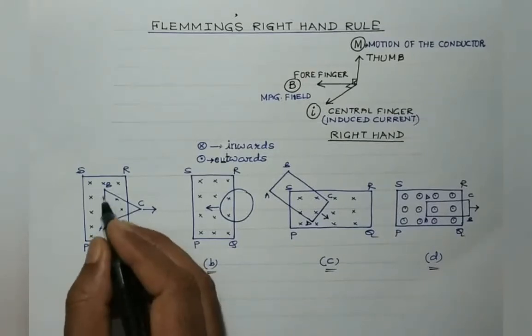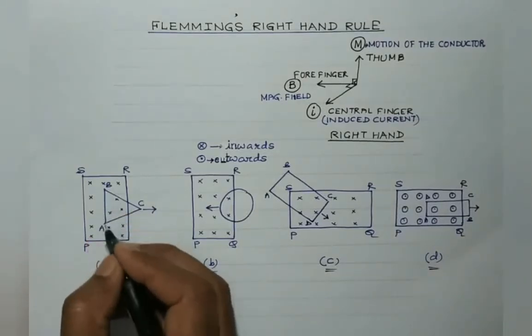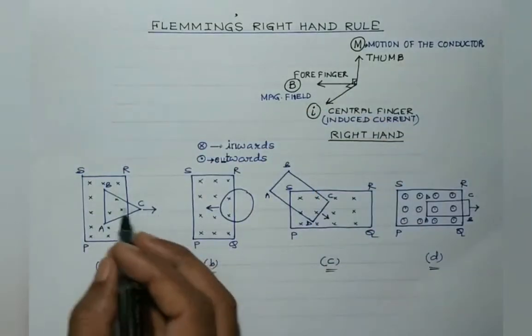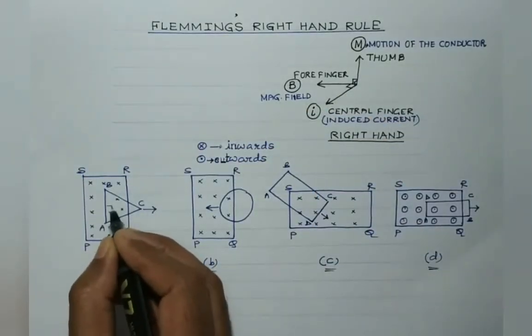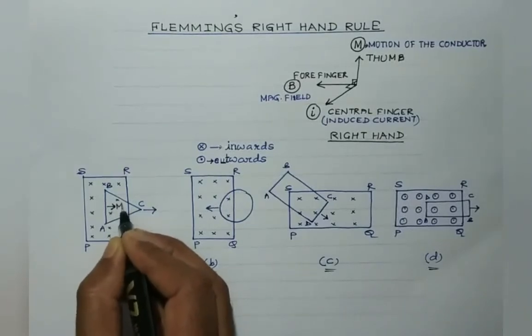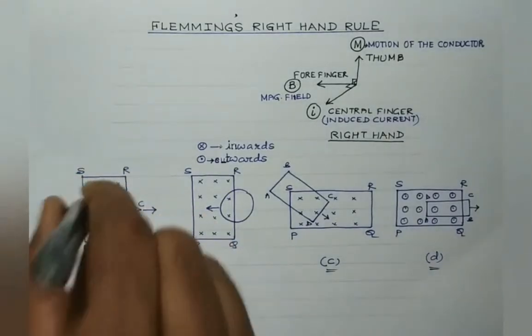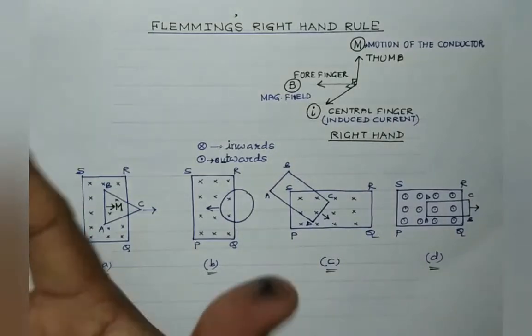Let's find the direction of the induced current in the arm AB. This loop ABC is moved in the outward direction, so in the arm AB, the direction of motion would be along this direction. This is the direction of the motion of the conductor, and the direction of the magnetic field is cross, that is, inwards. So let's make use of this rule.